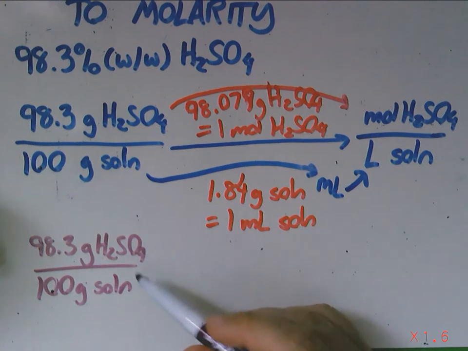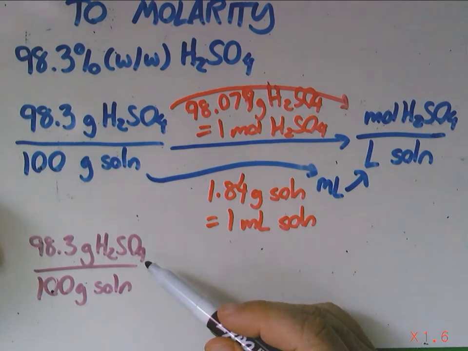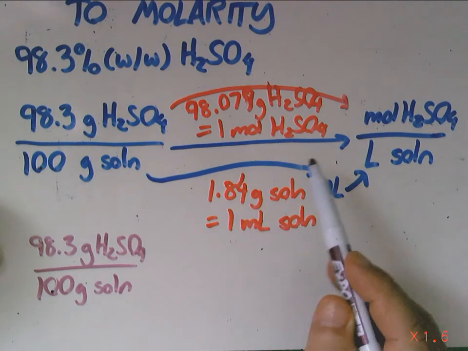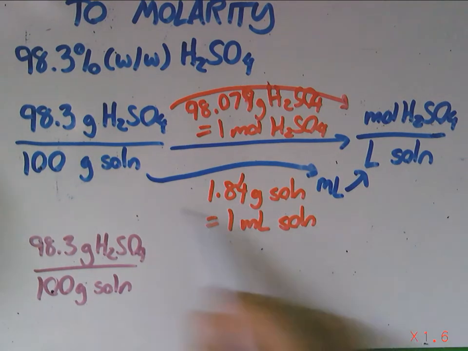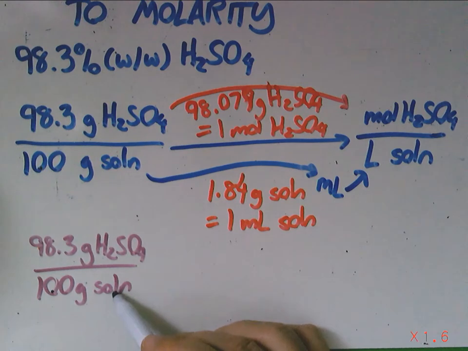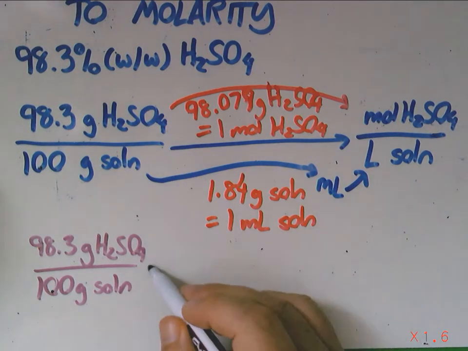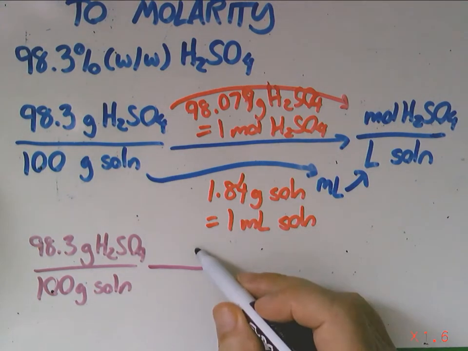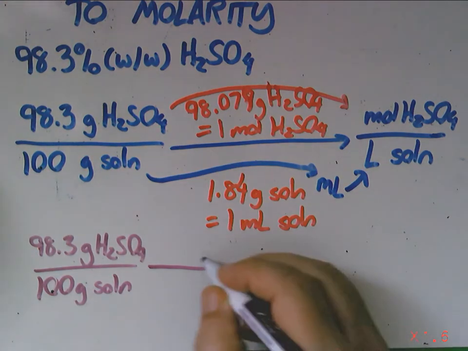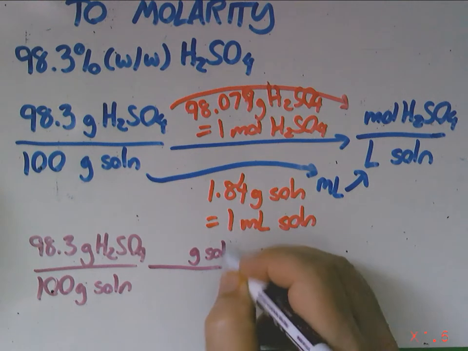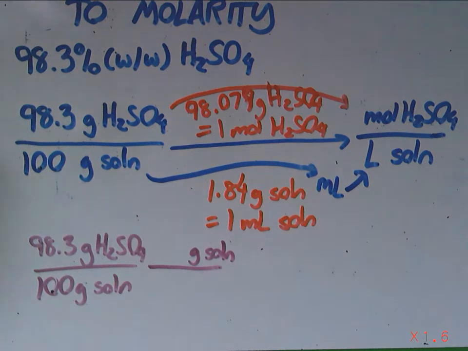Now it doesn't matter whether I work on the top part or the bottom part first. Let's do the bottom part first. What has to go on the top of the next conversion factor? If I've got grams of solution down here, I want to cancel it out, so I'm going to put that on top.